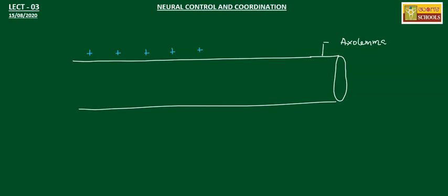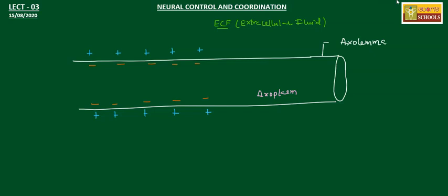The outer side is positive, and this is the ECF, the extracellular fluid, and inside is the axoplasm. So we have the positive charge on the outer side of the membrane and the negative charge on the inner side of the membrane.